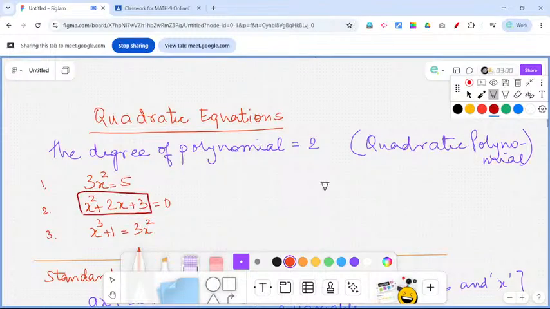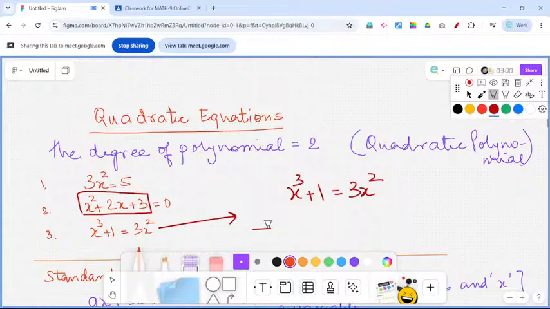Okay. Now, if we see this third one, x cube plus 1 is equal to 3x square. This is cubic, because I can write this as x cube minus 3x square plus 1 equal to 0. I transposed 3x square here, it became minus, and this is the same as this equation.